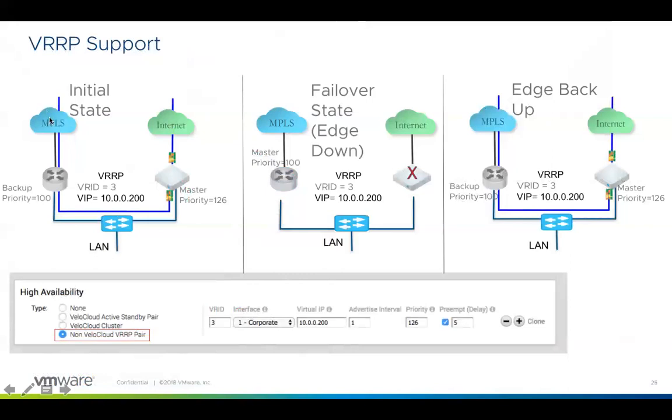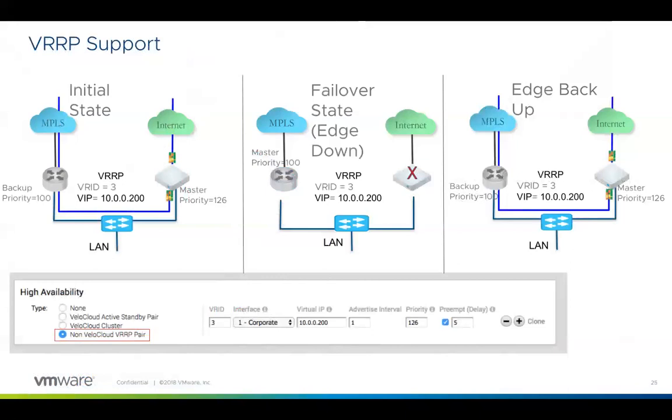There's an option on the interface to mark the MPLS interface as sd-wan reachable, which means that as long as the MPLS has internet breakout, the VeloCloud edge would also establish an overlay across the MPLS to the controller that sits on the internet. That way, if the internet goes down at that site, as long as the edge can still reach the controller across MPLS, it would not reduce VRP priority down to 10, right?